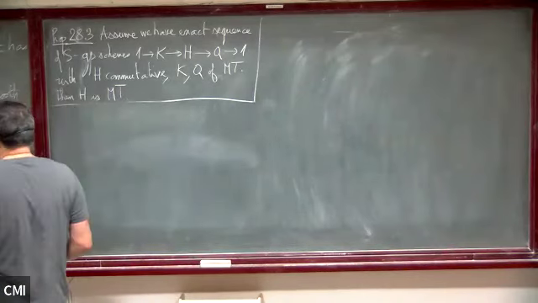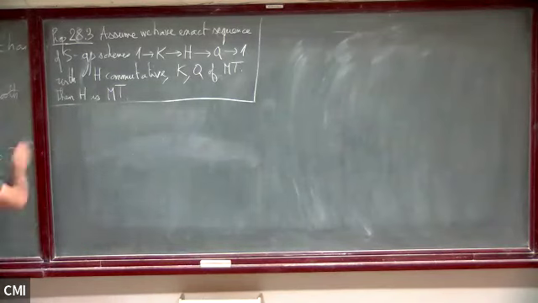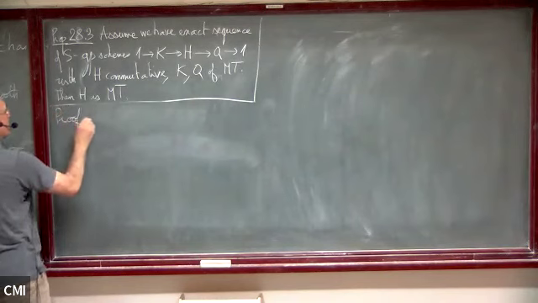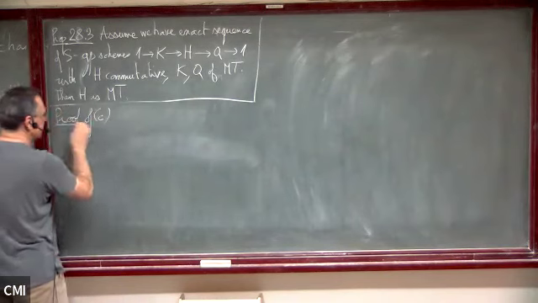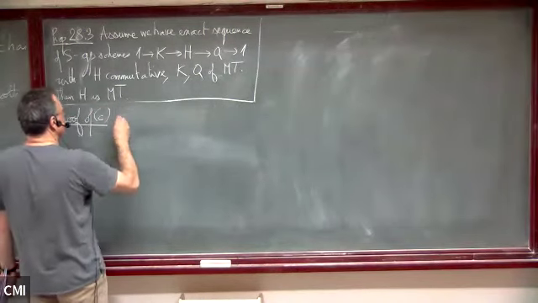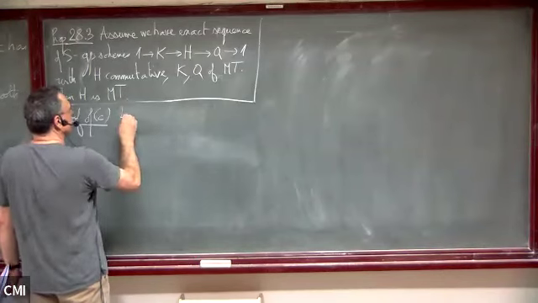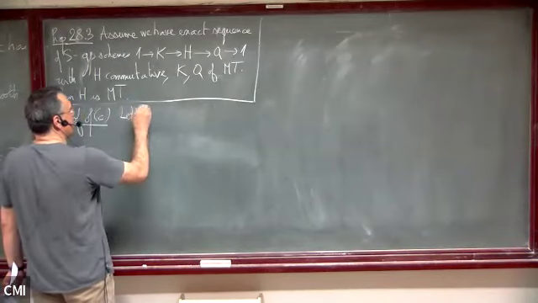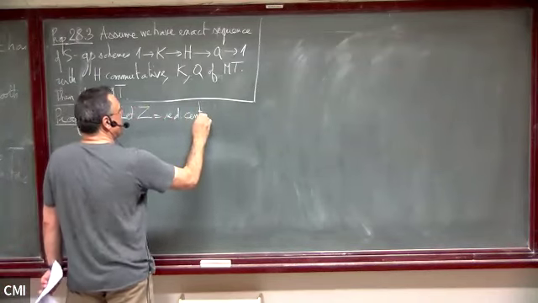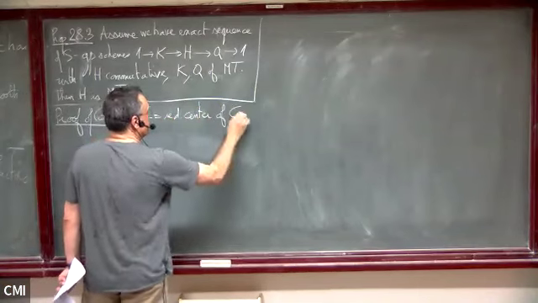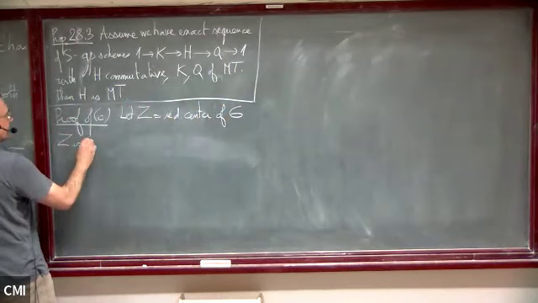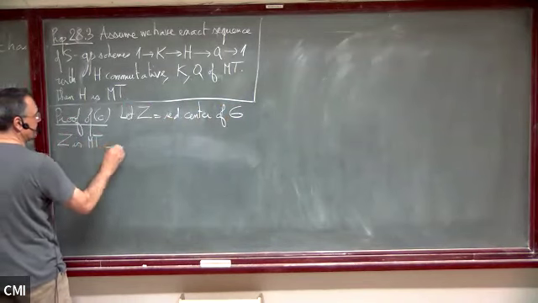Okay, so let's prove C. Let Z be the reductive center of G. So in particular, it's a group of multiplicative type.